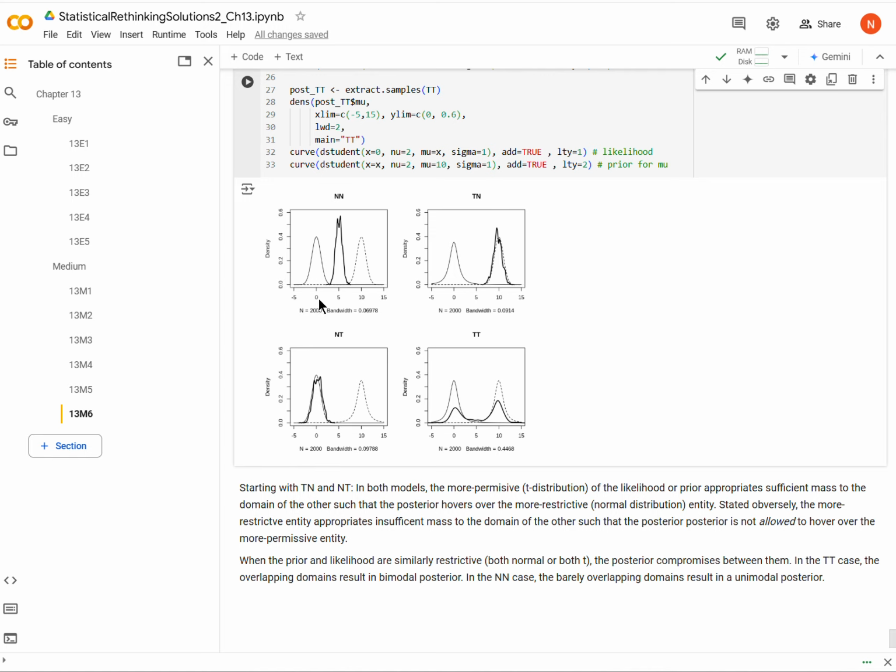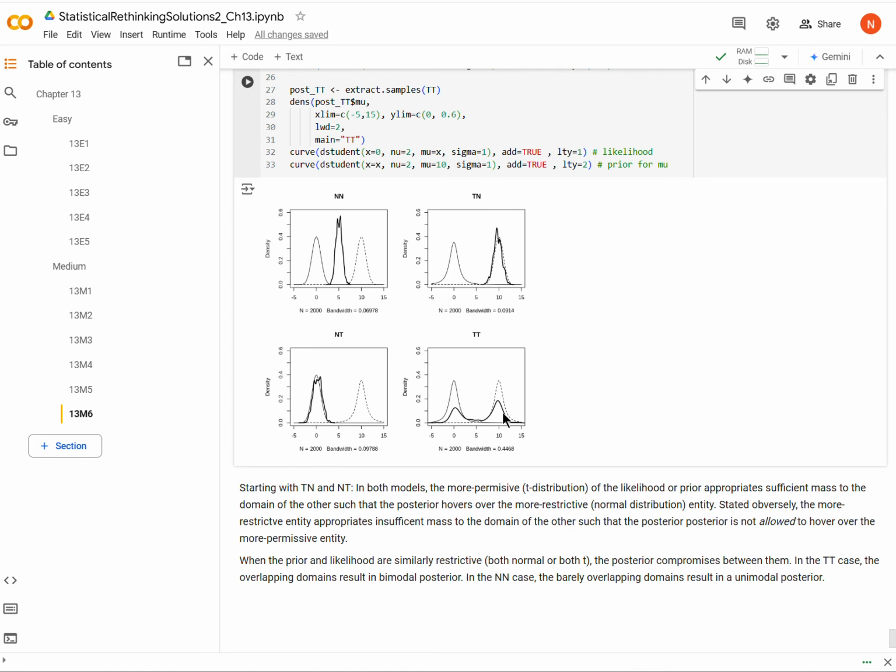So now what happens if the prior and the likelihood are similarly stingy? Well, then you get a compromise in either the normal or t distribution. But these look very different. So what's happening here in the t distribution, right? We have two equally non-stingy distributions, where at their tails there is sufficient probability mass such that it's overlapping with the bulk of the other distribution.